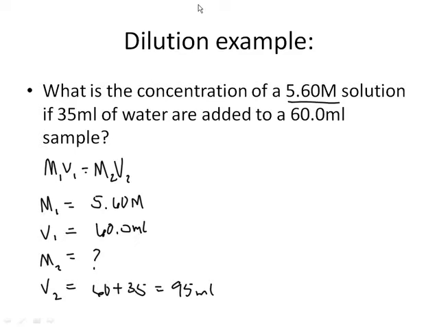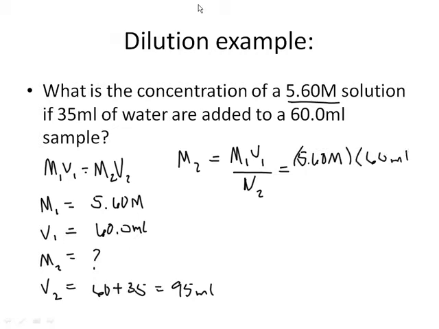My M1V1 equals M2V2, I can solve for M2 by dividing both sides by V2. So I just plug in my molarity, 5.60 molar, times my first volume, which was 60 milliliters, divided by my total volume of my new sample, which was 95 milliliters. Notice here I can use milliliters because I've got milliliters on top and milliliters on the bottom, and they'll both cancel.